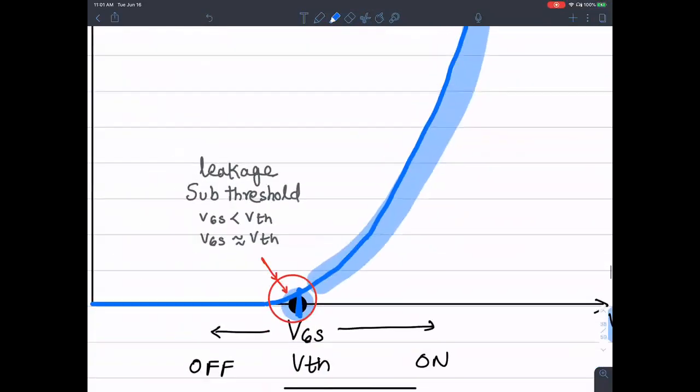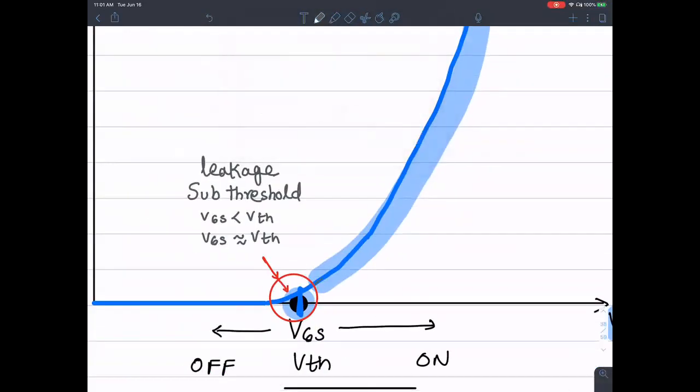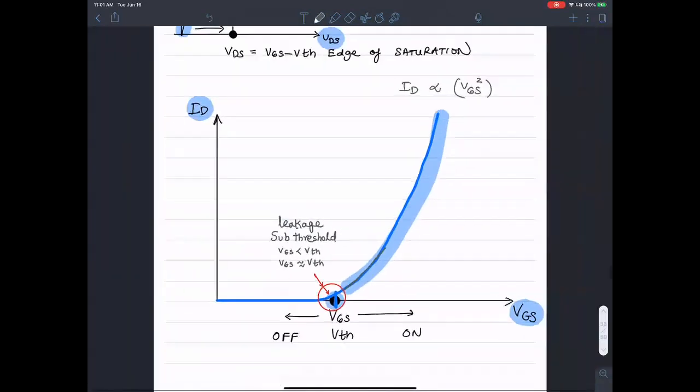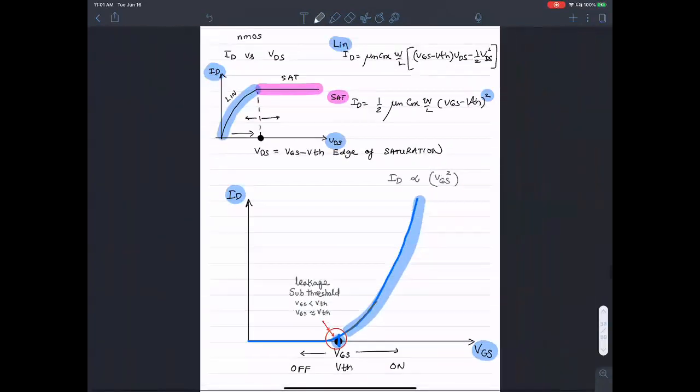When VDS is a really small value, it is more or less linear region, and then there is a square law dependence. So that's the idea, that there's a square law dependence here in the saturation region when VDS is greater.